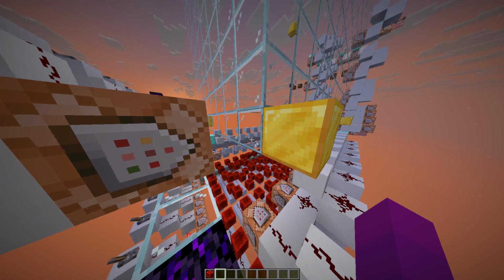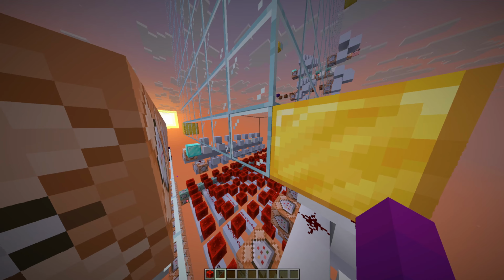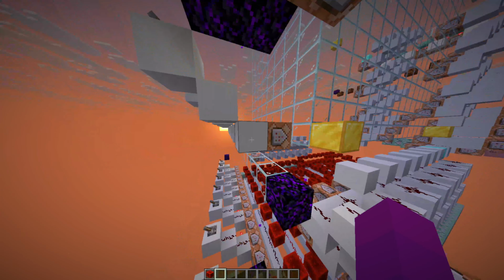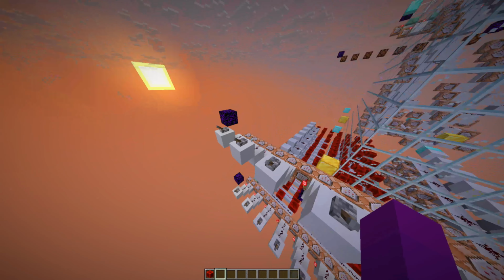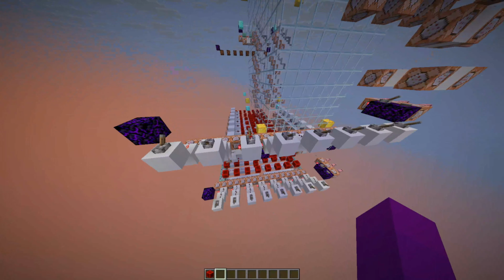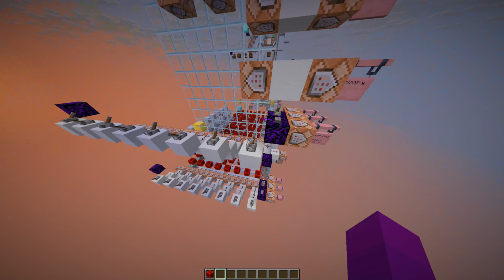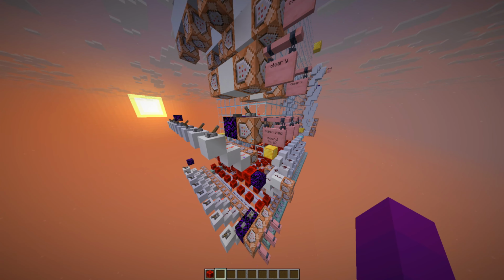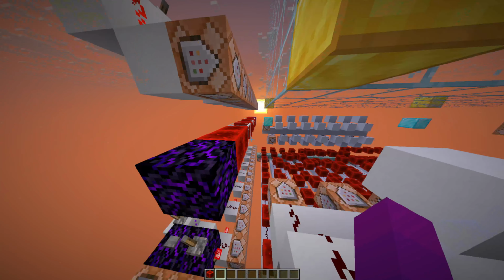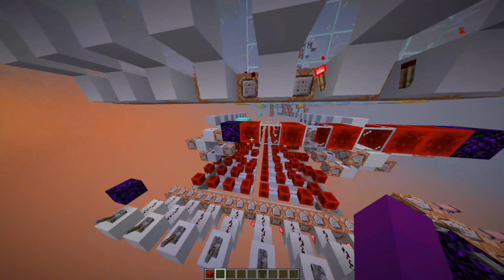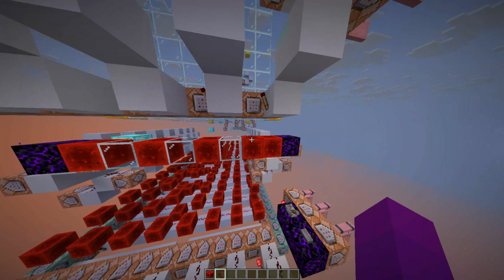So each block is a bit, and glass is 0, redstone block is 1. So for instance, if we put 1 0 1 0 1 0 1 1, let's say, it's going to write that down here into this register, so 1 0 1 0 1 0 1 1.